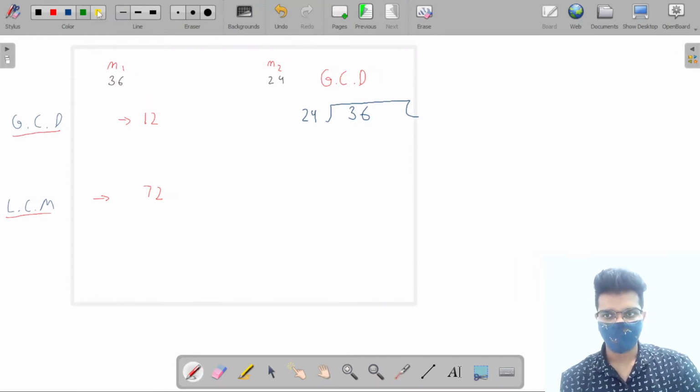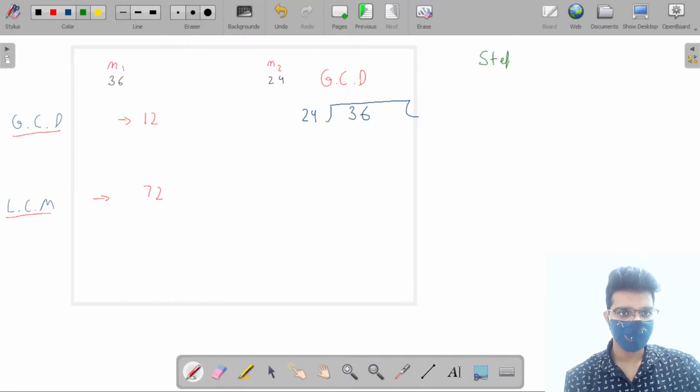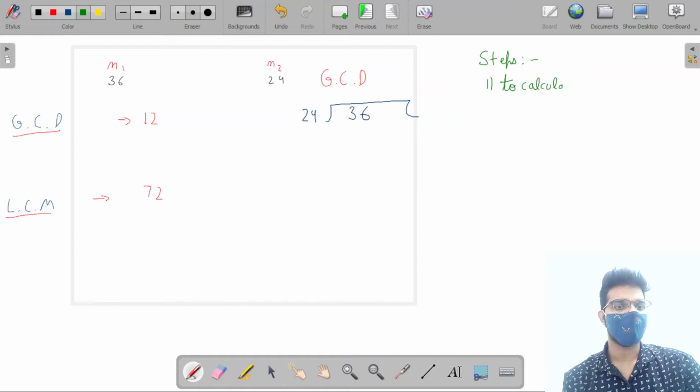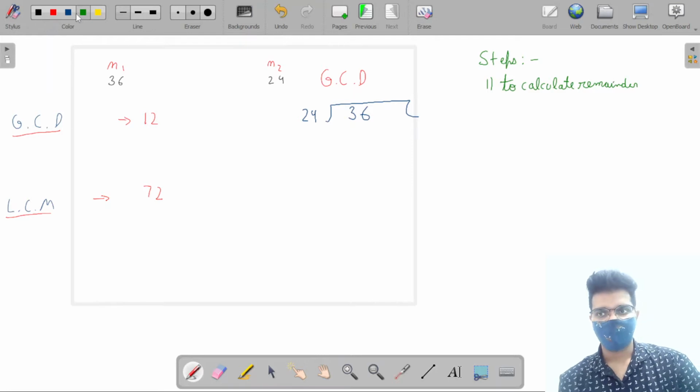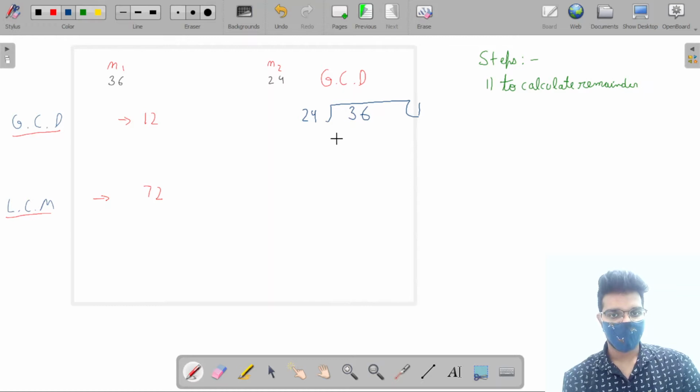Our first step is to calculate the remainder. So our quotient will be 1 and our remainder will be 12.